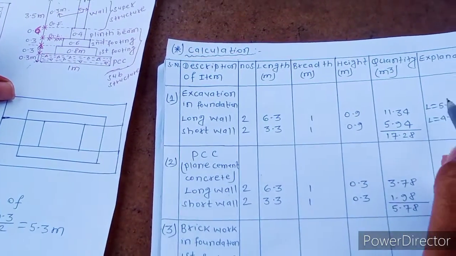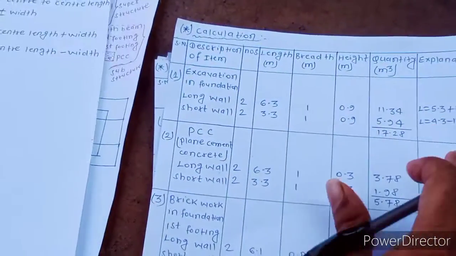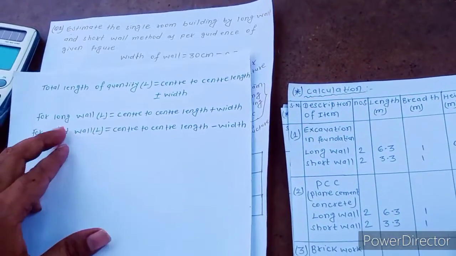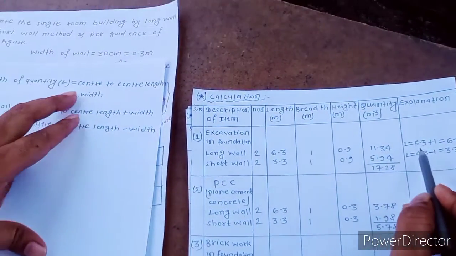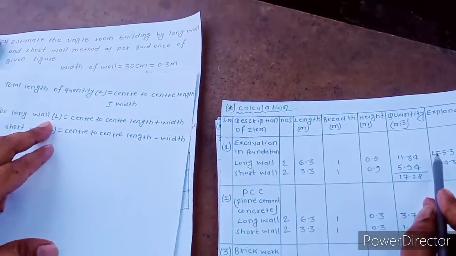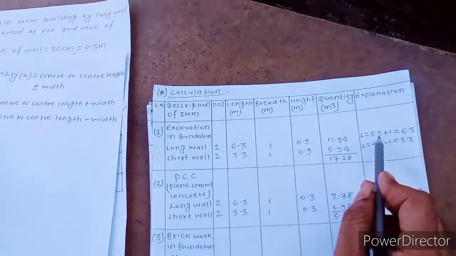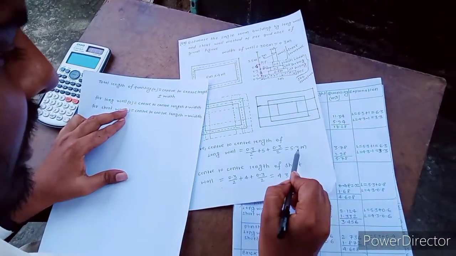Now for the length of quantity, it means the center to center length. Here for the long wall, we have the center to center length of 5.3 meter.